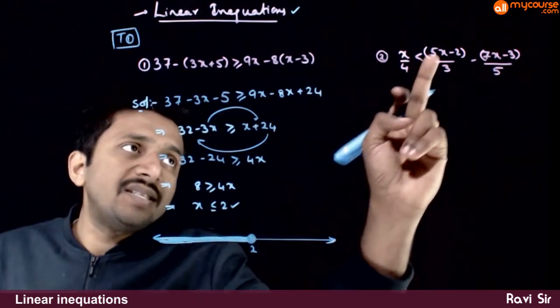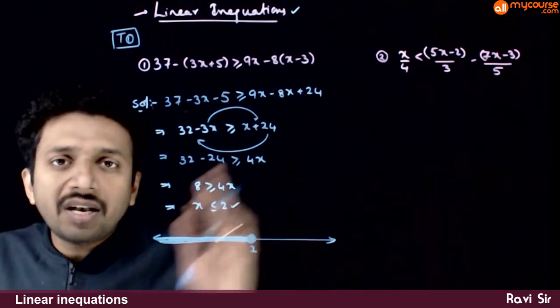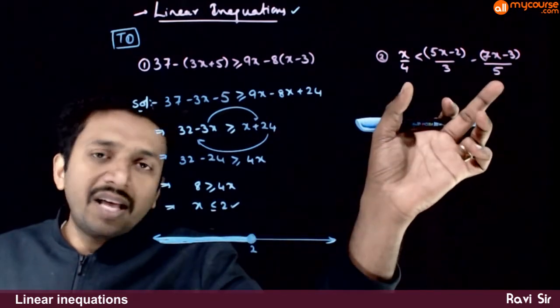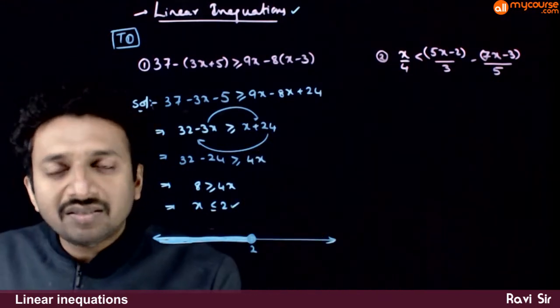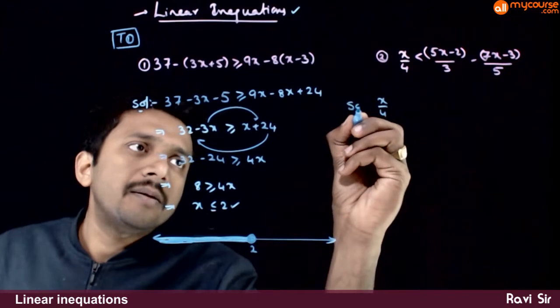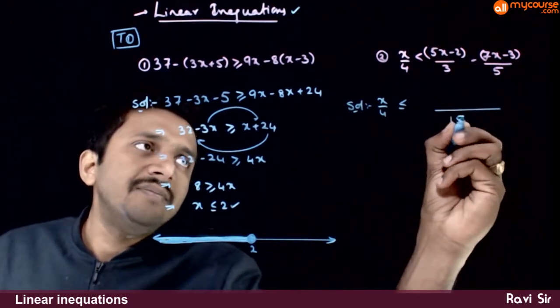Here x by 4 is less than or equal to (5x minus 2) by 3 minus (7x minus 3) by 5. This is also a one-liner. So you might have fractions, but you can take the LCM and convert them into a single line inequation. So x by 4 is less than or equal to, if you take the LCM, you get 15 as the LCM.